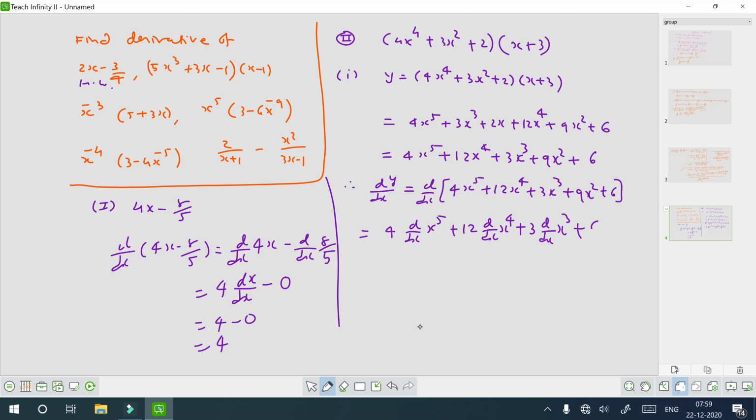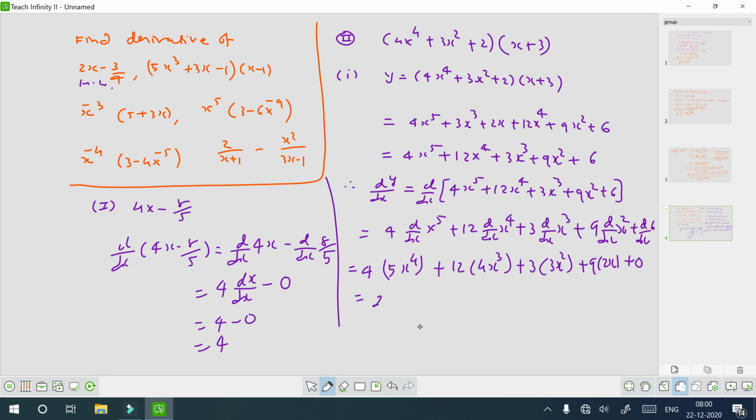Give it to term by term, now apply standard form. 4 into 5 into x raised to 4, that we know. 12 into 4x cube, that we know. 3 into 3x square, 9 into 2x plus 0.